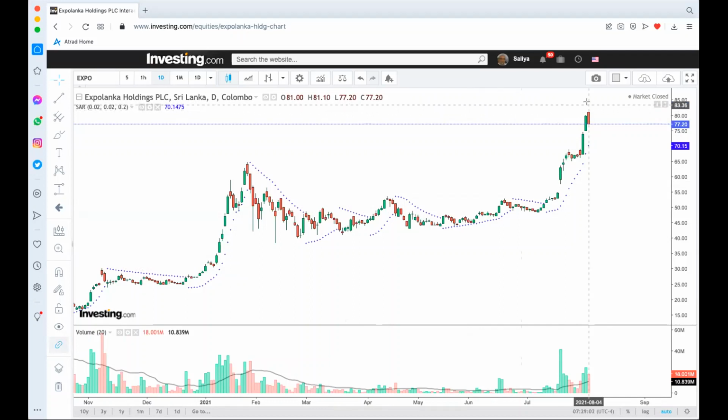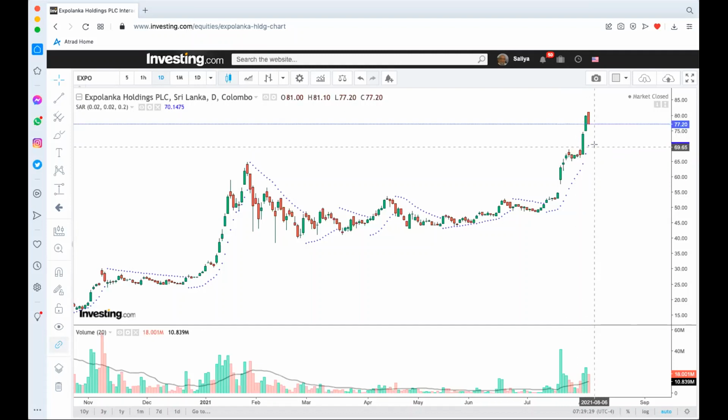If by any chance the price reverses, the reversal happens and a retracement takes place, this is the level at which the parabolic stop and reverse action will take place. That is at 70 rupees and 10 cents.